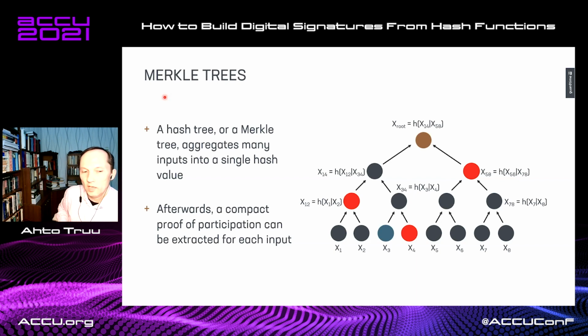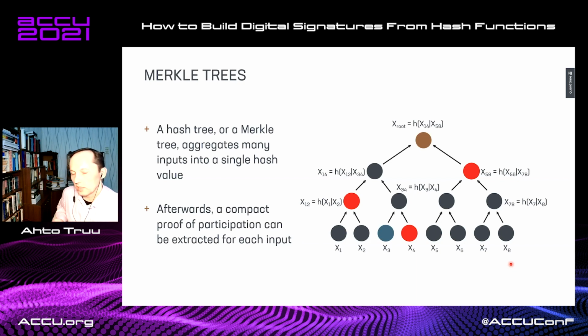And the idea is that if you want to aggregate a large number of inputs into one single hash value, you build a binary tree, and the inputs that you want to hash, you line them up in the leaves of the tree. In most applications, the values in these leaves are themselves hash values.